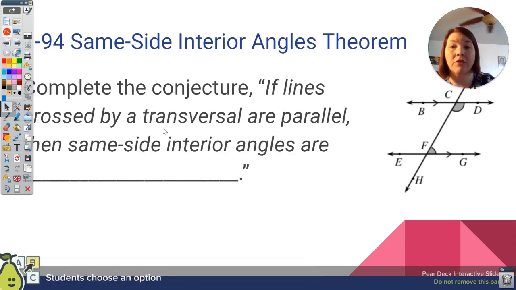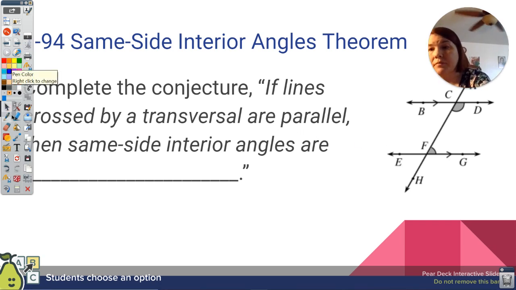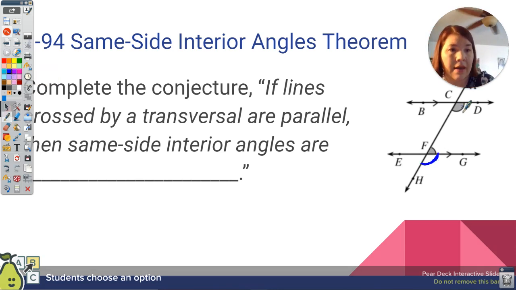And so complete the conjecture: lines crossed by a transversal are parallel, and same side interior angles are... So I'm going to help you out here on this one. This angle and that angle are the same. And these two angles, the one colored gray and the one I drew second, those are a linear pair.